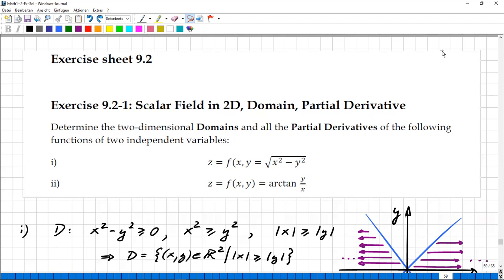Also, another good example would be, imagine a temperature distribution in the plane. Like you use your cooking device and you just made some soup, and then you find out that the plane area there is still hot, especially in the center of where you've been cooking, but the temperature decreases from point to point to the outside, and this can be described very well by a scalar temperature field in the plane.